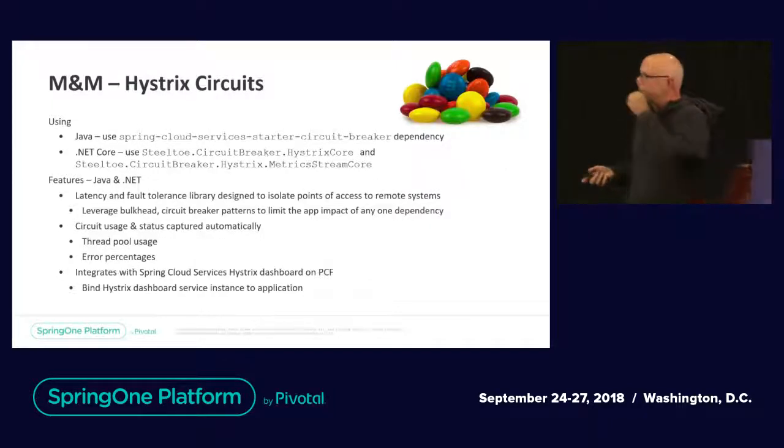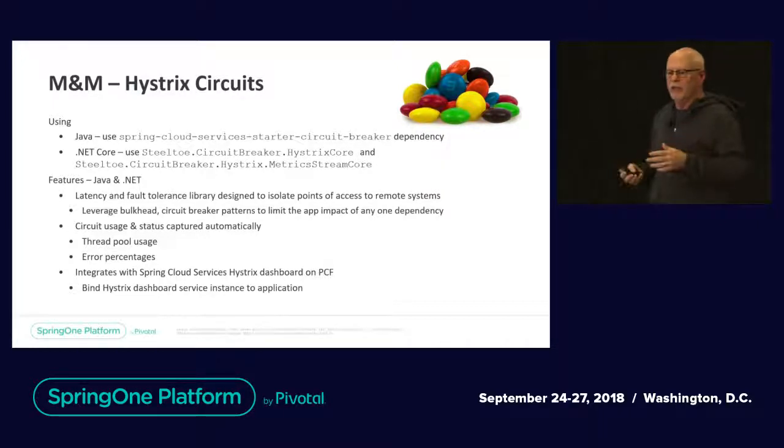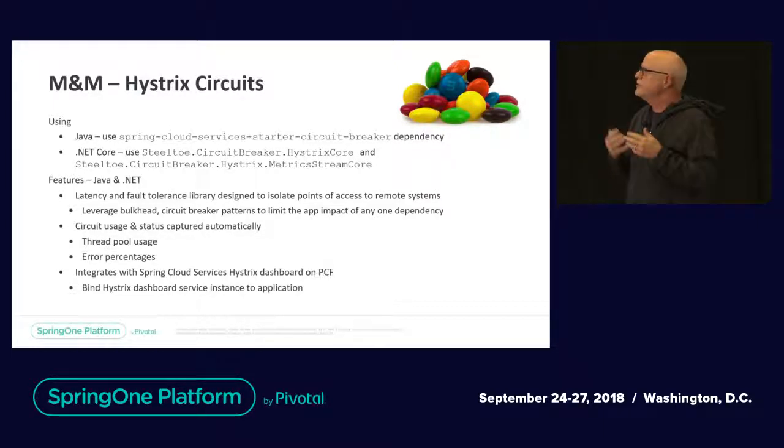And then the last area that it falls into in the M&M area is using Hystrix. Hystrix is a package originally developed by Netflix. They use it internally for fault management and fault-tolerant services within their distributed system. It's essentially used to isolate points of access to remote systems.